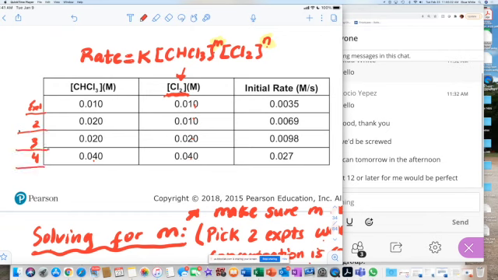So I need to pick 2 experiments where the number in the concentration of Cl2 remains the same. So which one do you think I should pick? You can type in your answer. Anybody?